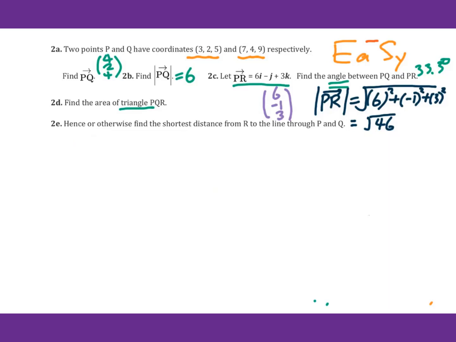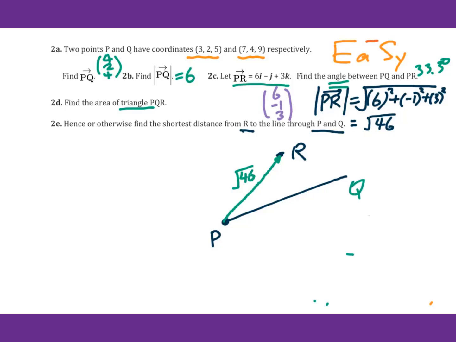Hence, or otherwise, find the shortest distance from R to the line through P and Q. Let's draw the diagram. Suppose this is R, this is PQ, and this one is P. We already know this vector is 6, -1, 3, so the distance will be the square root of 46.